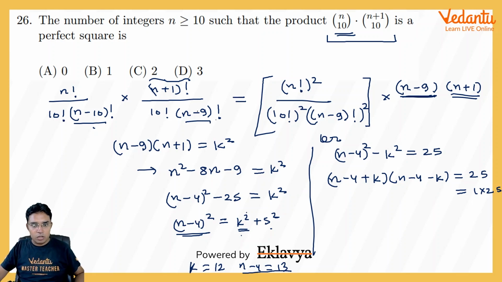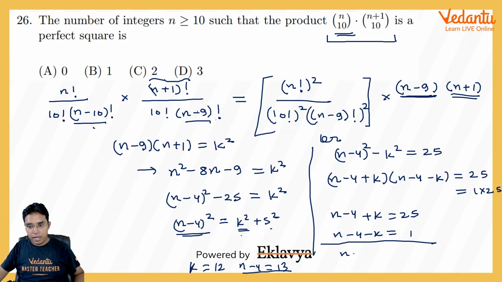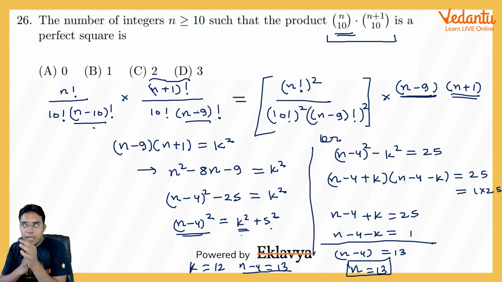That is not possible. So here 1 and 25. So I will be taking (n minus 4 plus k) as 25 and (n minus 4 minus k) to be equal to 1. Adding them will give n minus 4 equal to 13, and that is what we got there also. So n is equal to 13. If you take minus 1 and minus 25, then also you can check, but I don't think that it will be possible. Let me just think.